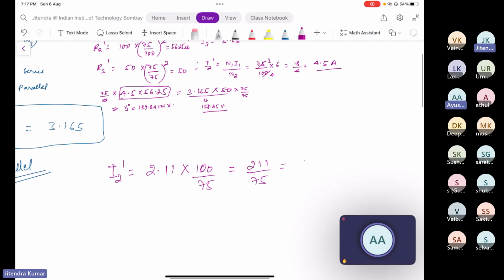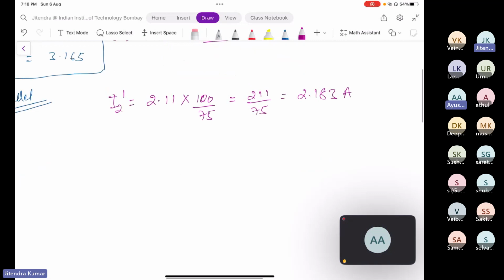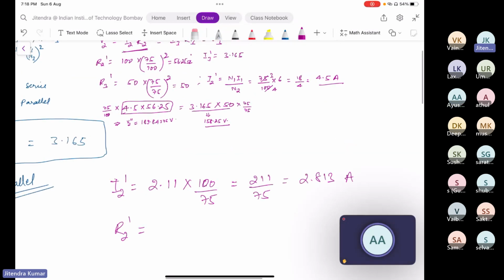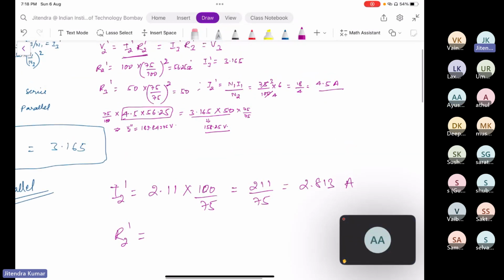And R2 dash is equal to R2 into 100 into 75 by 100 square, right? 25 upon 100 square.